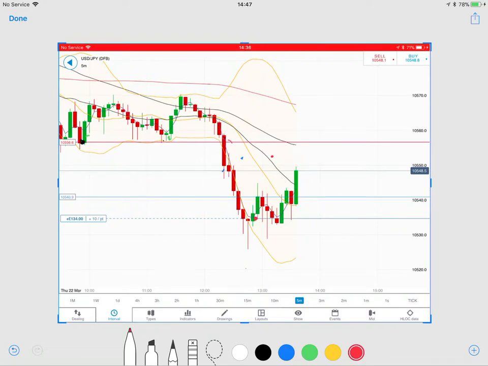The reason why I placed the trade here, not anywhere else, is because of this candle right there. You see this long wick? Now I'll tell you a little bit about candlesticks.